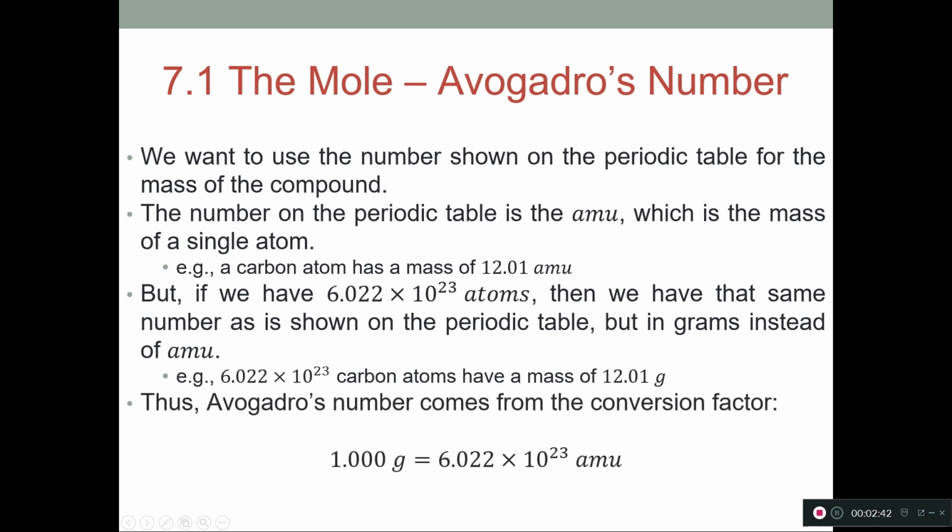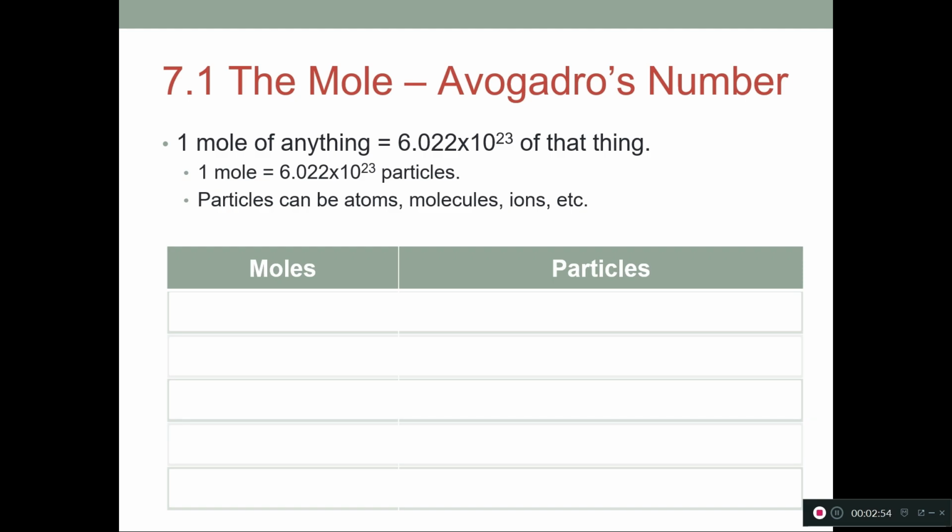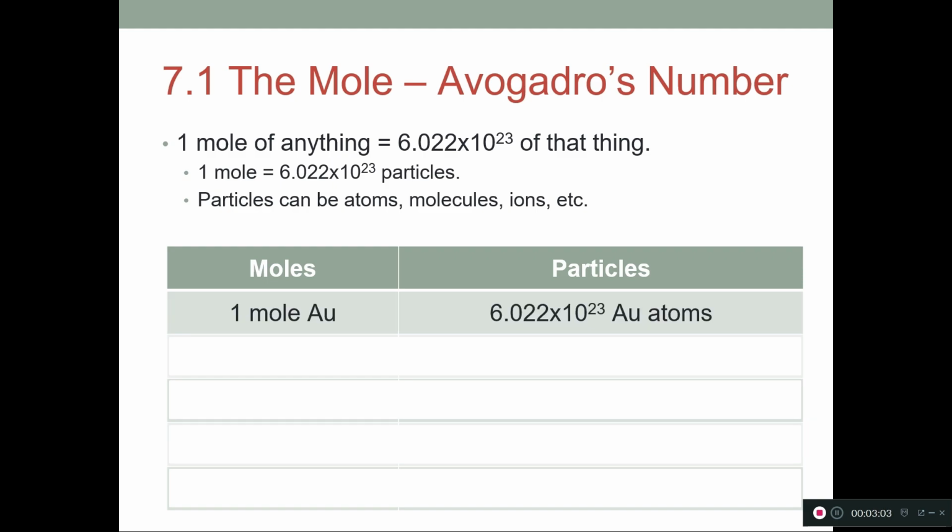And so Avogadro's number comes from the conversion factor that 1.000 grams is equal to 6.022 times 10 to the 23 atomic mass units. And so if we have 1 mole of anything, that just means we have 6.022 times 10 to the 23 of that thing. And so we can use atoms or molecules or ions or whatever.